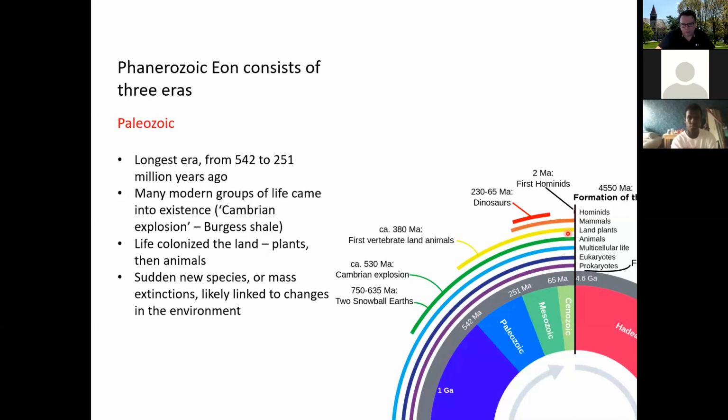But notice the observation that at the end of that snowball Earth, even when life forms had been reduced dramatically and the areas where life can exist on Earth had been reduced, it becomes a period where we see massive radiation of new species following these mass extinctions. We don't tend to talk about the snowball Earth as a mass extinction per se, because the life forms are so basic and hard to understand.